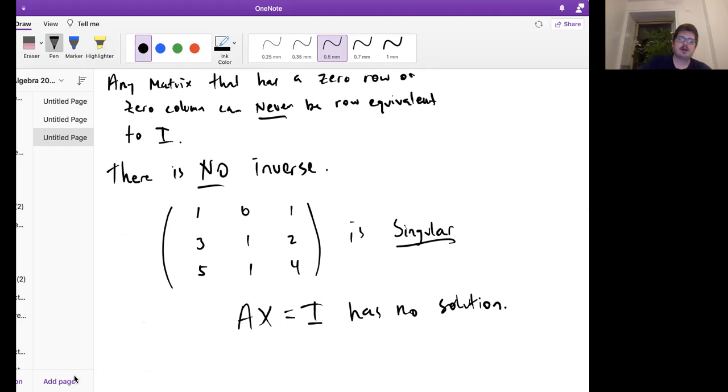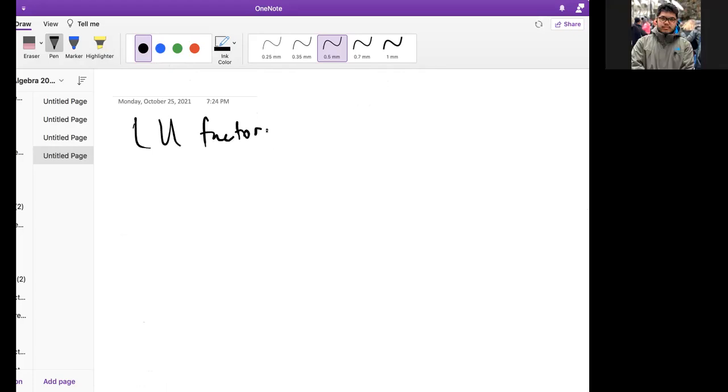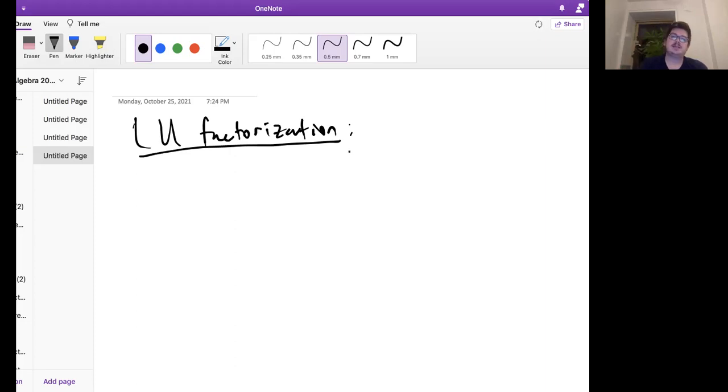Okay, so let's talk about this LU factorization. This might come in handy later.